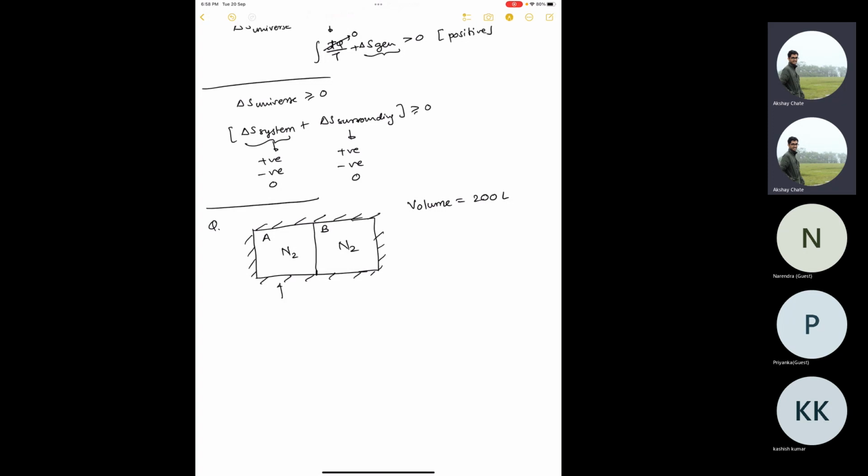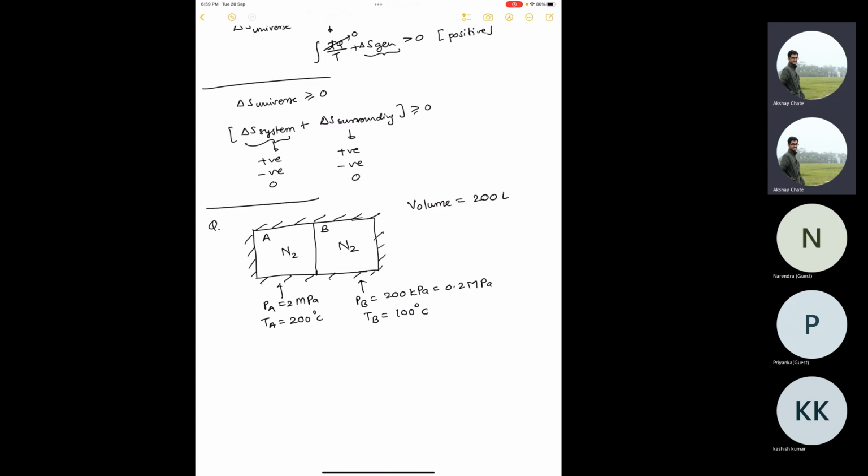On this side, the pressure is 2 megapascal, temperature is 200 degrees Celsius, and here in the B compartment, pressure is 200 kilopascal, which is 0.2 megapascal, and the temperature is 100 degrees Celsius.